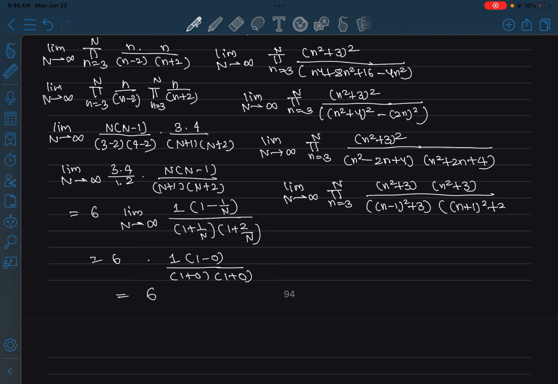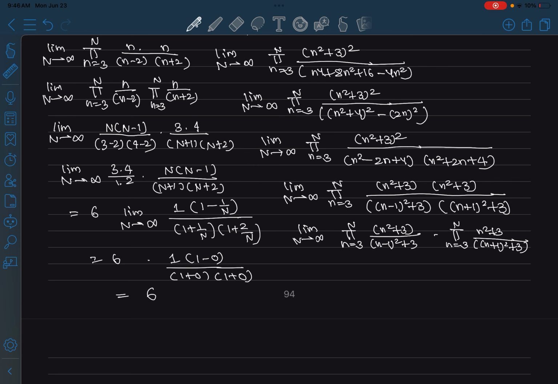Now again you have the telescoping thing over here, because now you can write this as two different products, right? The first product from n equals 3 to capital N of n square plus 3 by n minus 1 square plus 3. The second one as n square plus 3 by, wait, let me write it as capital N, n plus 1 square plus 3.